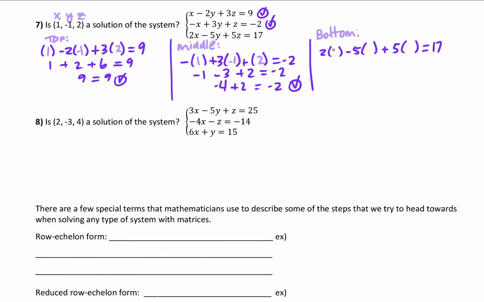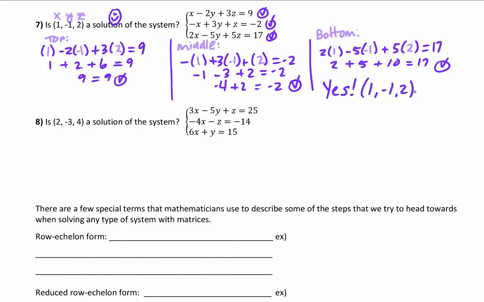So putting in x as 1, y is negative 1, and then z is 2. Looks like we make 2 plus 5 plus 10 equals 17, and that in fact is 17 equals 17. Okay, so just showing a little bit of work and that those things are equal tells us that indeed the coordinate they gave us is a solution to this system.